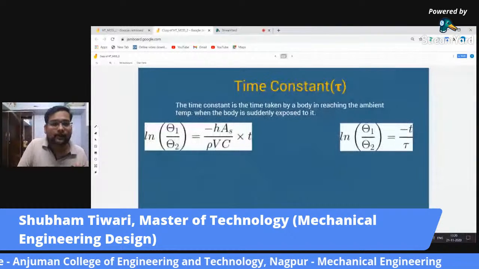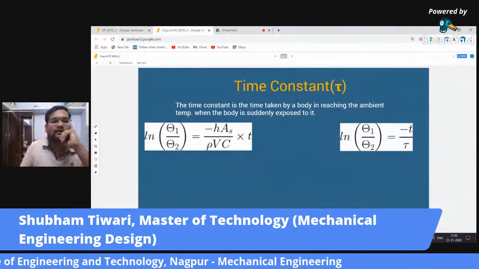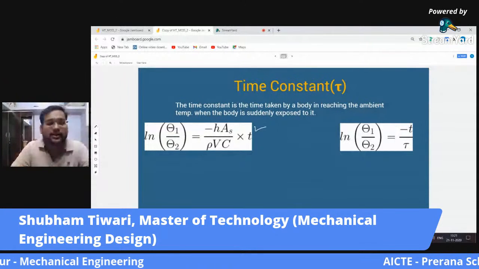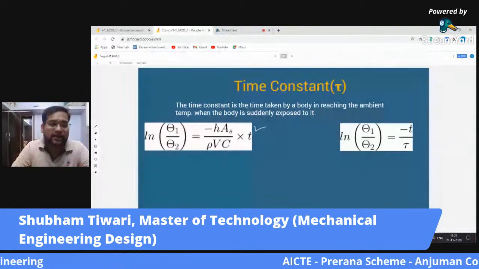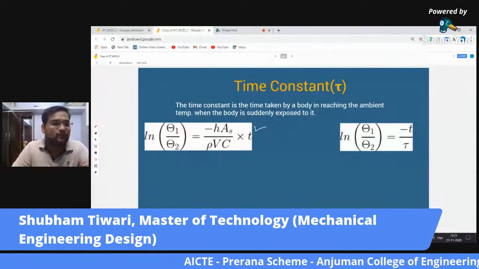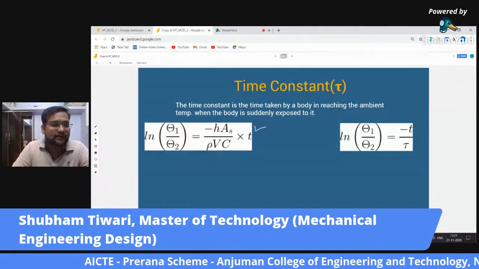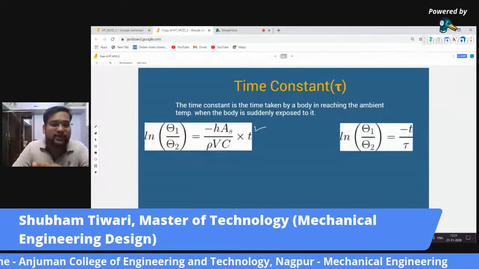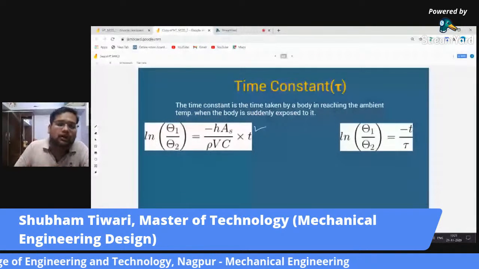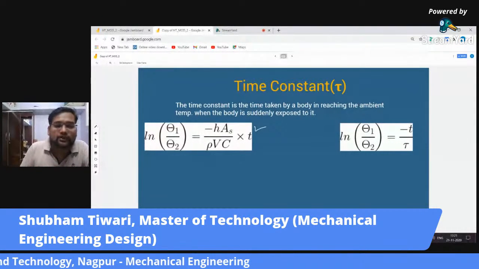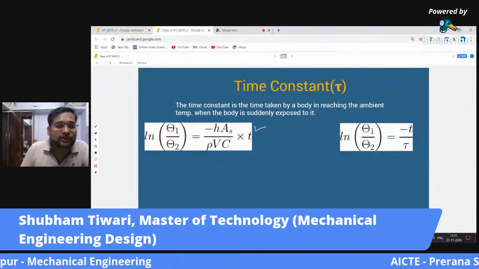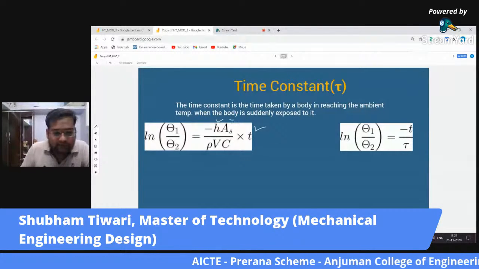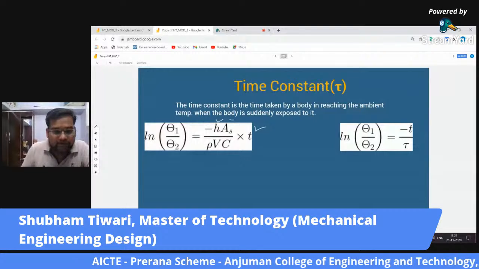Now, we have derived this equation. So we have to now see some terminologies which originate from the same equation. What are these quantities? We have to look at them one by one. Now we have the time constant tau here. There is this constant quantity, as I told you, minus hAs by rho V c.